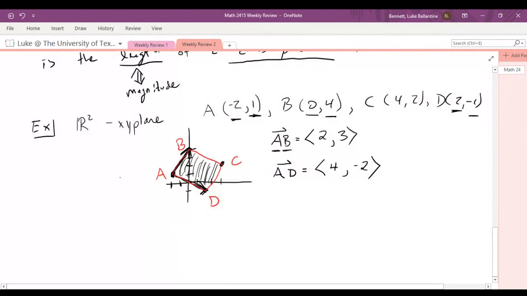Now, how in the world do I take a cross product with only two components, a vector with two components? Is it any different? Are you suggesting a 2x2 determinant?